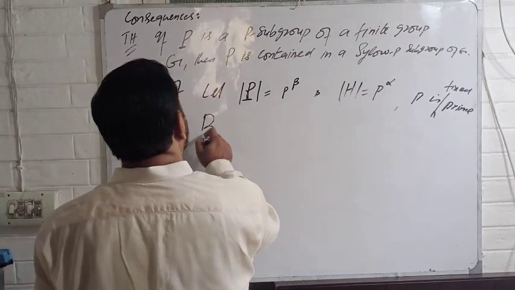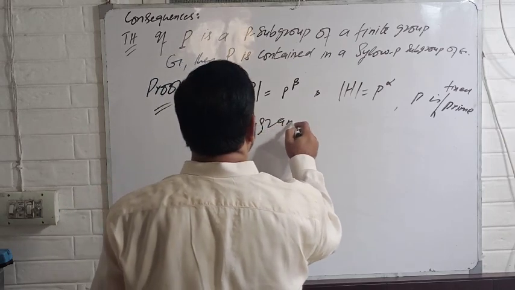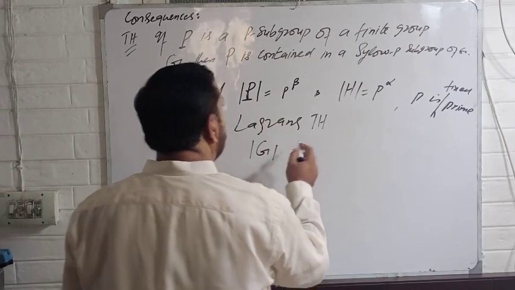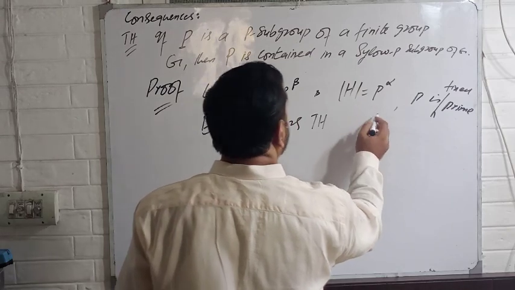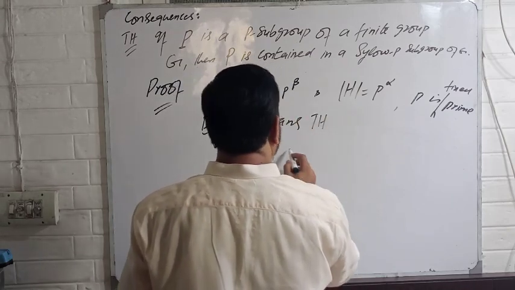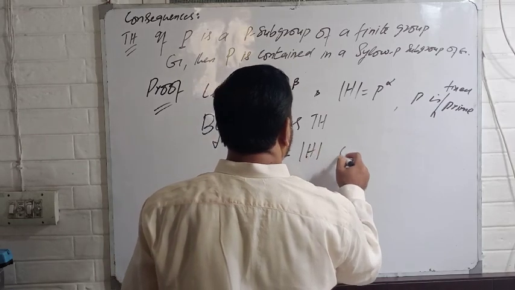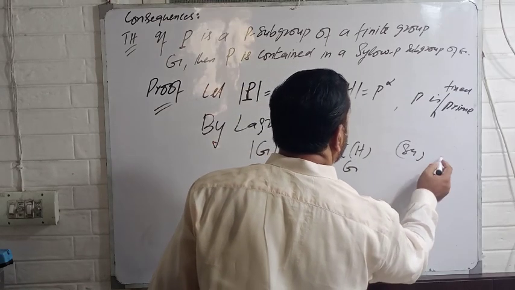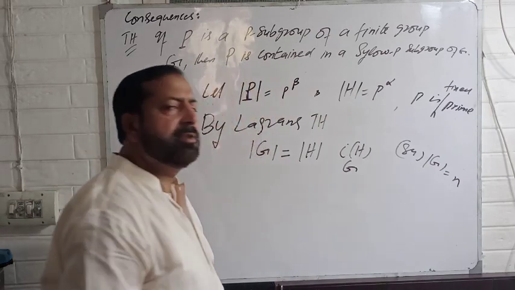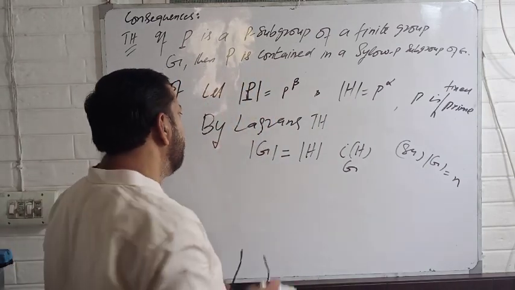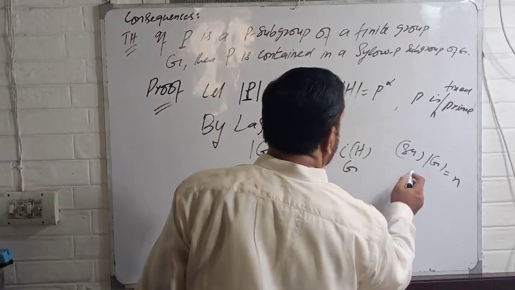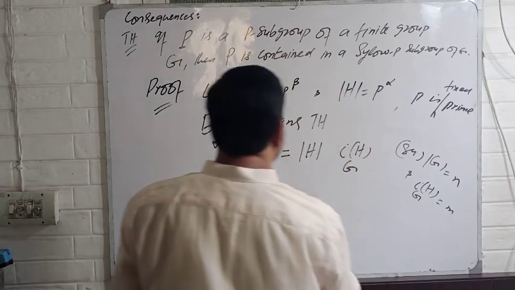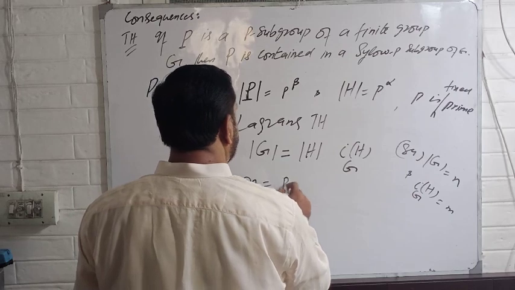Then by Lagrange theorem, order of G is equal to n, since G is a finite group, and index of H in G is equal to n, then n is equal to P power alpha times m.